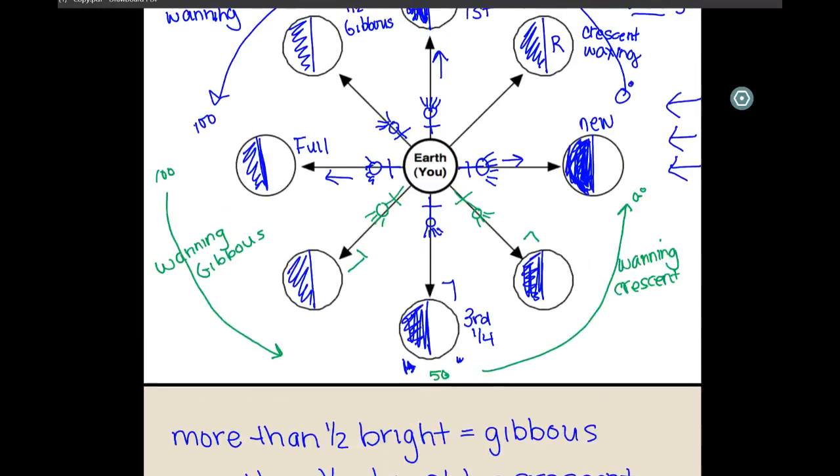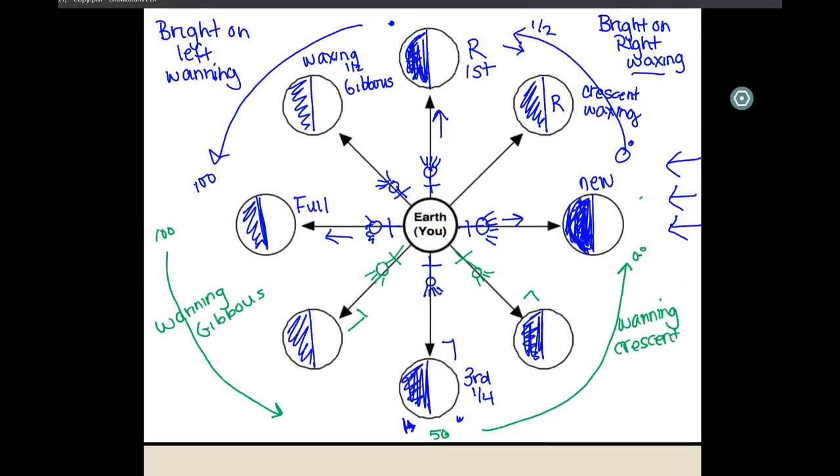Or you can look at our diagram. So from here to here is a quarter, so that's 7 days. Sorry. You know that from here to here is 7 days, and from here to here is 7 days, because that's a week, or a quarter. 28 divided by 4 gives us 7.